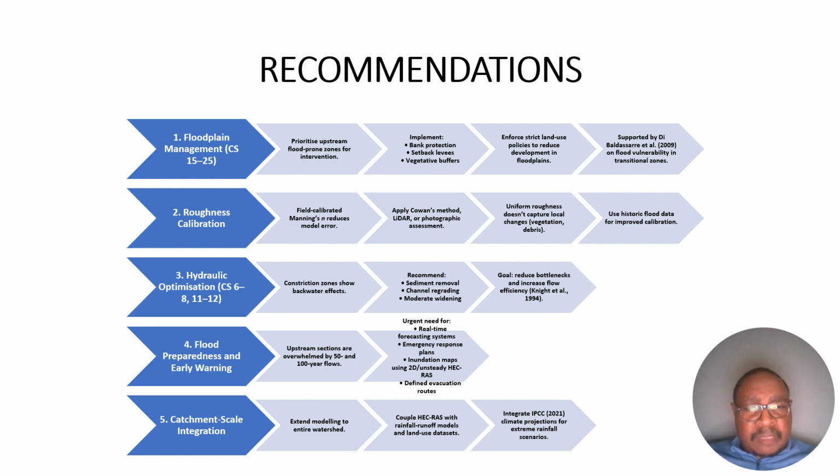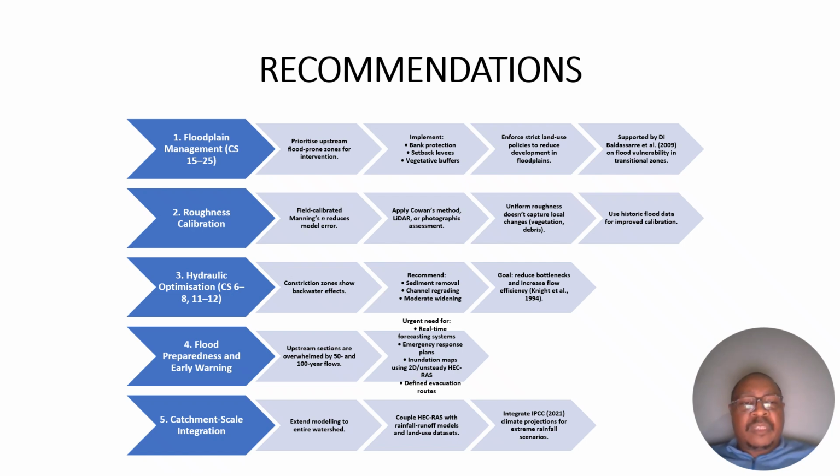It prioritizes the upstream flood-prone zone for intervention. And then 2, implement bank protection and vegetation buffer. 3, enforce strict land use policies to reduce development in those floodplains. And then number 4, supported by the DEM.